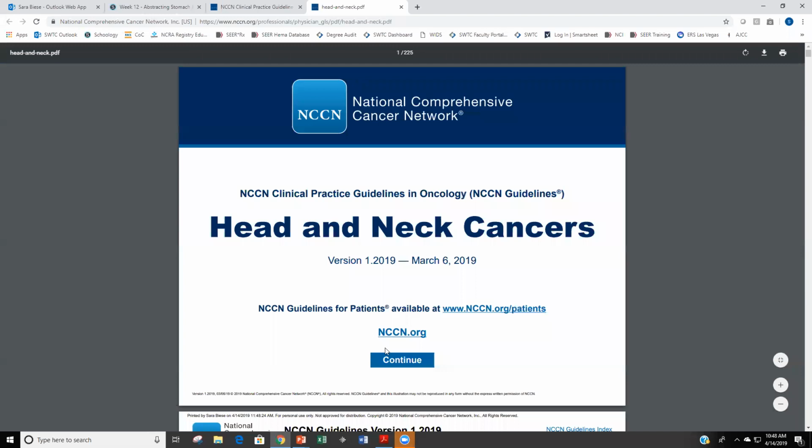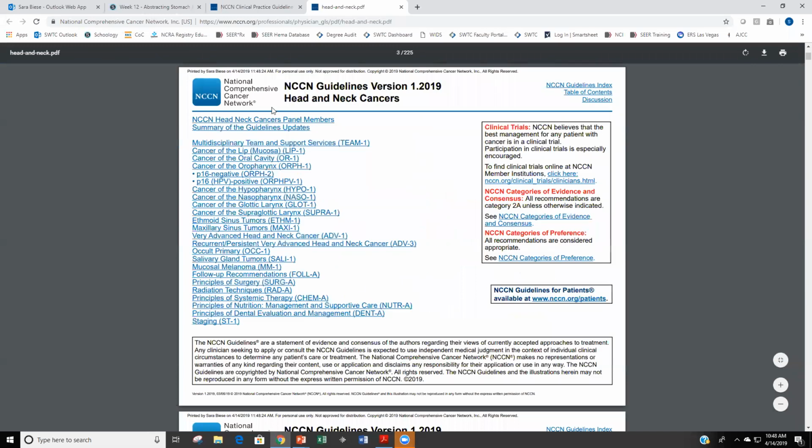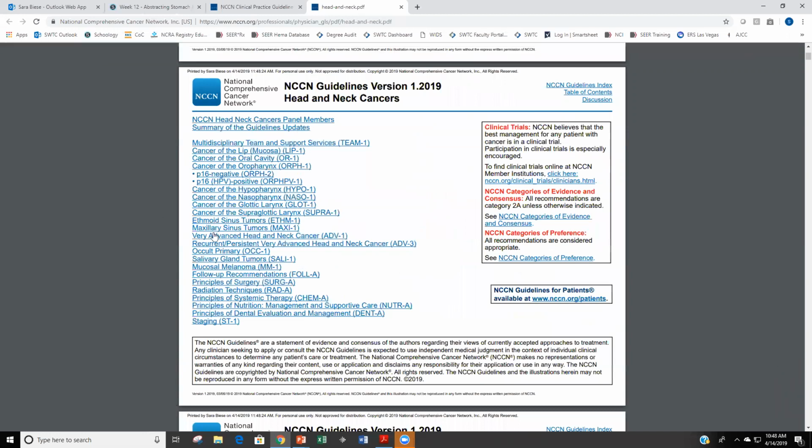Click on that. And as you can see, for the most part, the table of contents is by the cancer site, the subsite of the head and neck cancer. And then if it's very advanced, then you can just go to that.